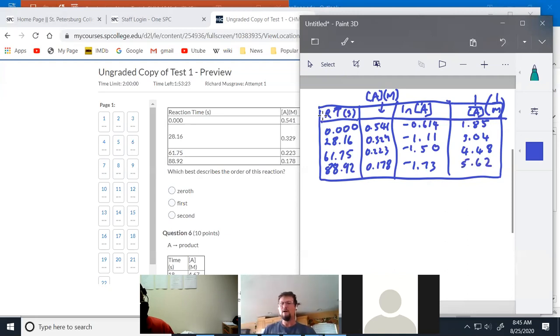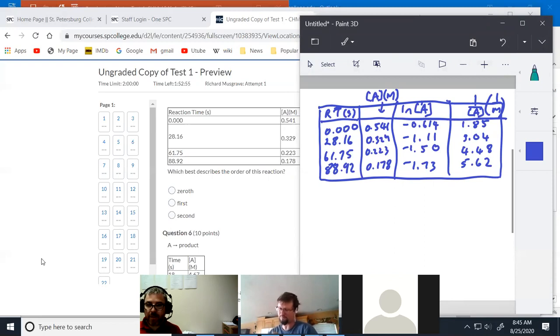Okay. So looking at that data, the ln of A and the 1 over A, does anybody have any questions about getting any of those values? All right, that's good.